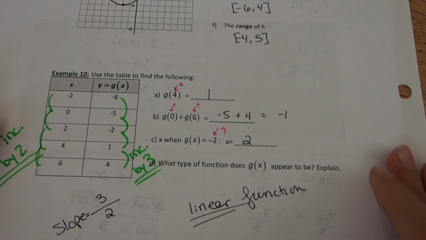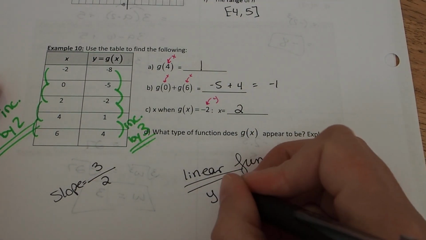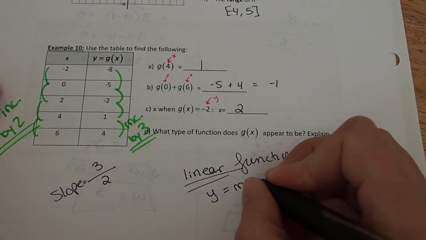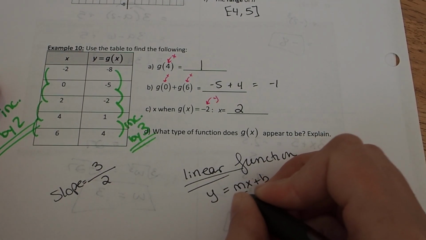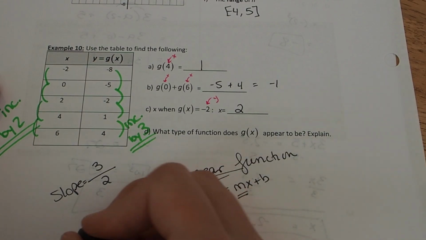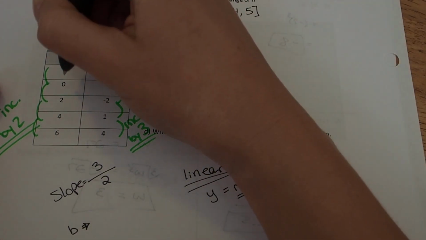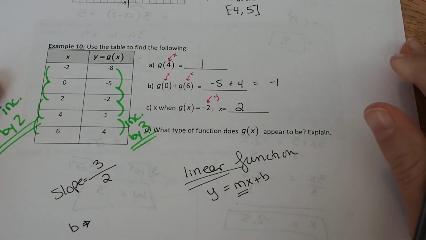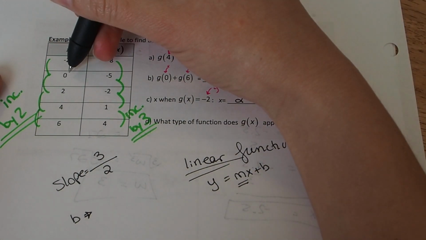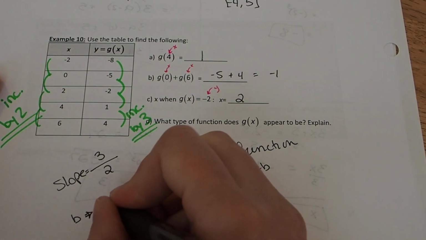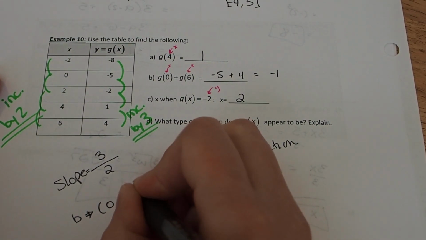And remember that I can write the equation if I know mx plus b, if I know slope, I already found slope, and if I know b, which is from the y-intercept. And I can see the y-intercept because I can see the place where x is 0. I can see the y-intercept has to come from the point (0, -5).